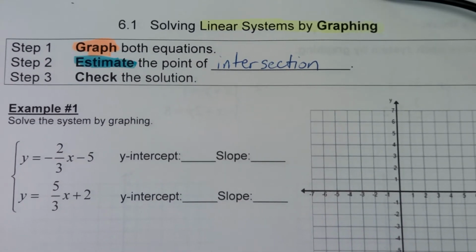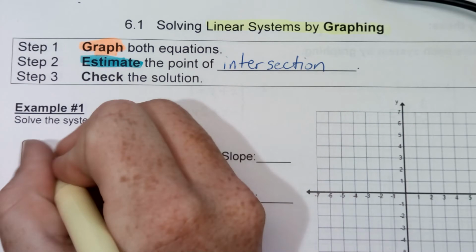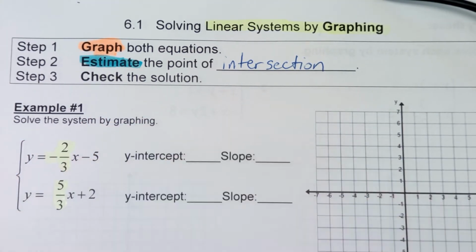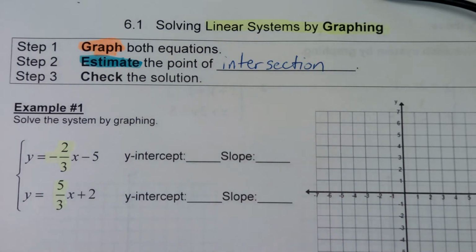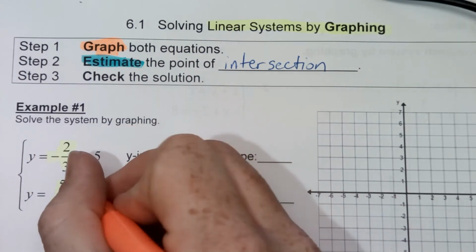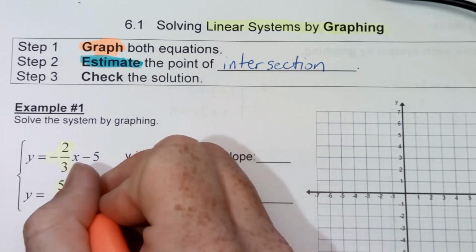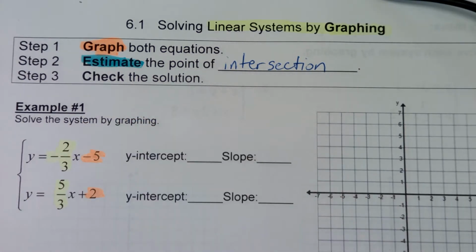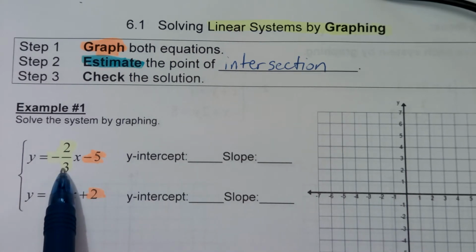For example one, we have y equals negative 2/3 x minus 5. Notice I'm highlighting some different things. You guys should see what I'm highlighting and why I'm highlighting them in different colors. We should be able to recognize what both of the things I just highlighted are by now. On top, I highlighted in yellow my slope, my m.